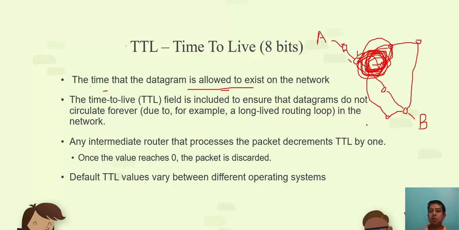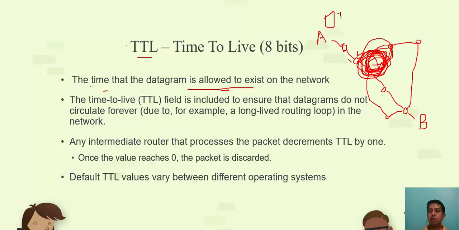So this time to live field is included to ensure that the datagram does not circulate forever in such circumstances in the network. A particular value is inserted in the TTL field, and every time the datagram visits an intermediate router, the value is decremented by 1. Say a datagram is created and from A it starts traveling.